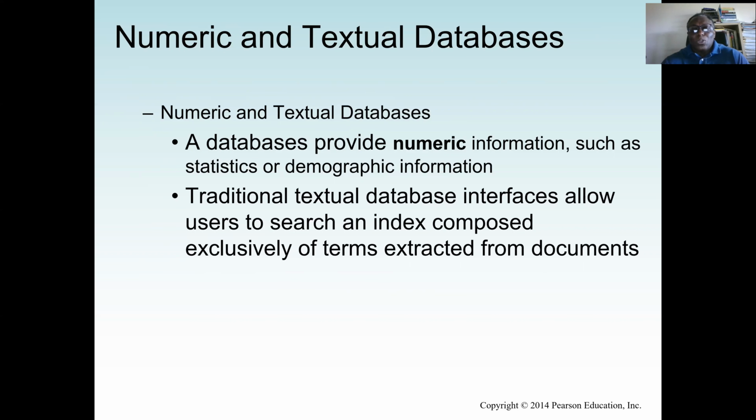Then traditional textual database interfaces normally allow users to search an index composed exclusively of terms extracted from documents. And also the textual database makes it possible for us to store text data from a document.